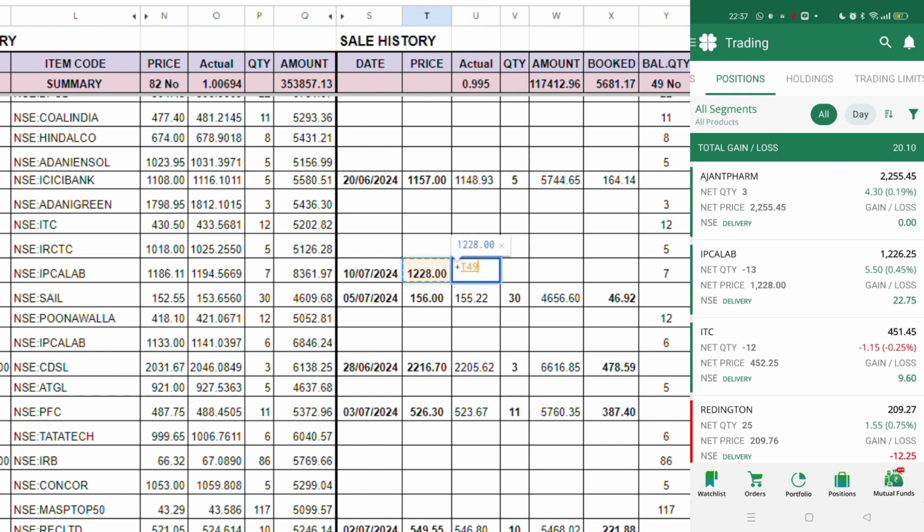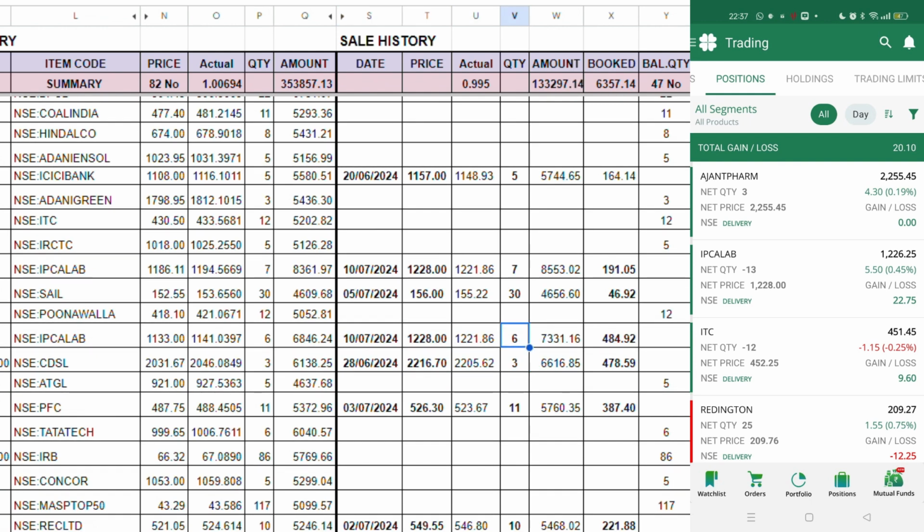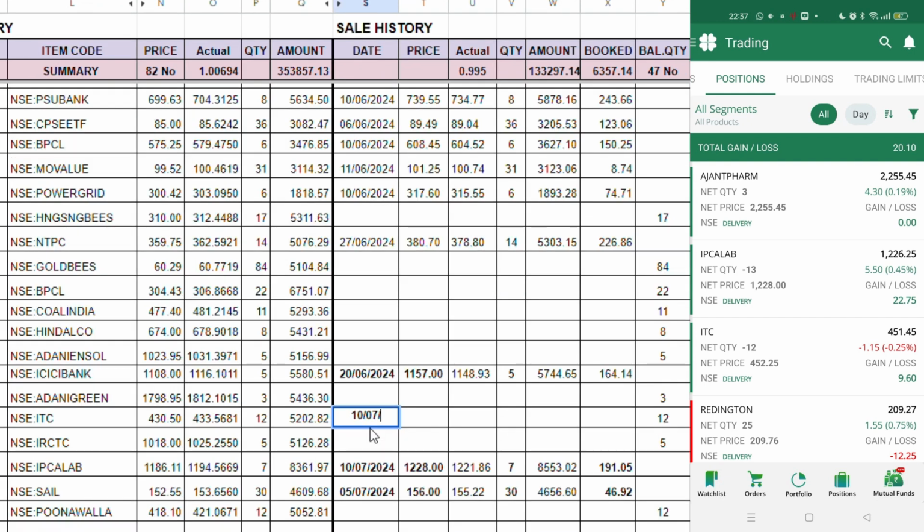You know I use a formula to derive actual price after brokerage and tax. This will vary on trading platform. Next, enter selling data of ITC.